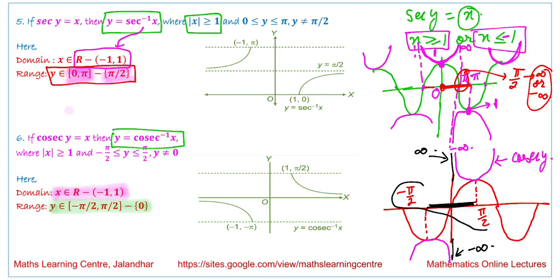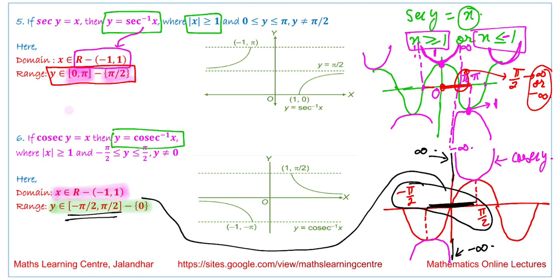Between minus pi by 2 and pi by 2, we are not considering the point 0. And the function varies from 1 to infinity in this case, and in this case from minus 1 to minus infinity.